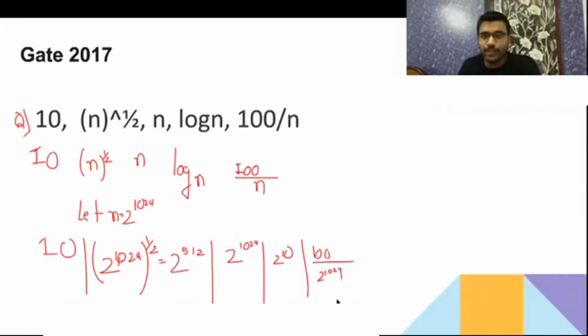So it is going to be a decimal, you will get something in decimal. So this is the least one.